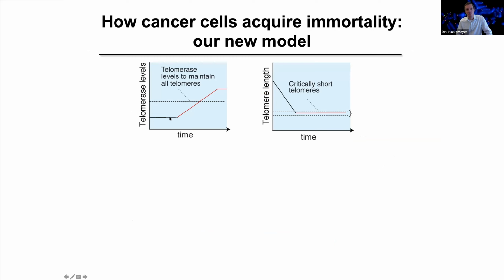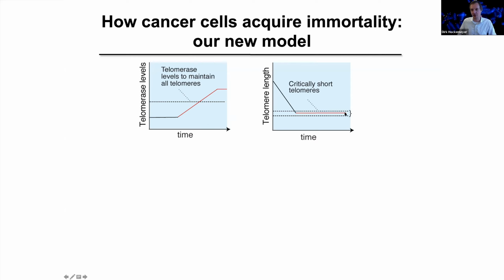Instead of leading to an immediate telomerase level that is crossing the threshold that allows the maintenance of all chromosome ends, we hypothesized that the TERT promoter mutations lead to telomerase levels that will gradually increase, and that this gradual increase is largely driven by a time where telomeres are in a marginal telomere length, just critically long, selecting for the cells that just are able to maintain telomeres over time.